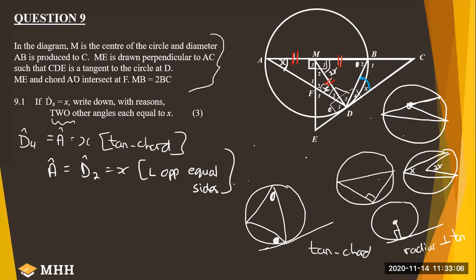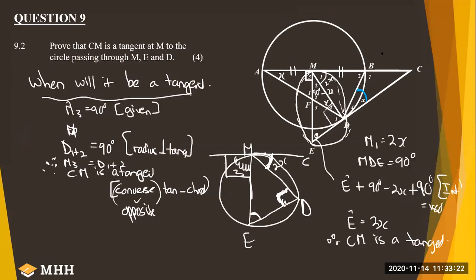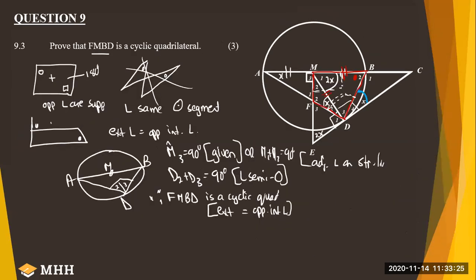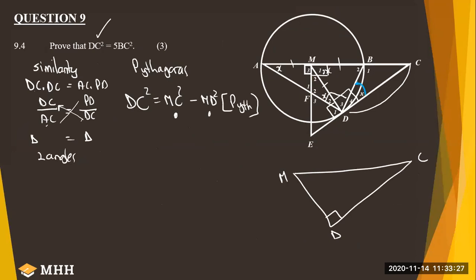ME and chord AD intersect at F, all right? But then, look here, MB, this one, is 2 times the length of BC. Okay, you see, I should have copied the question. So that's part of the question where it actually says that MB is equal to 2 times BC.